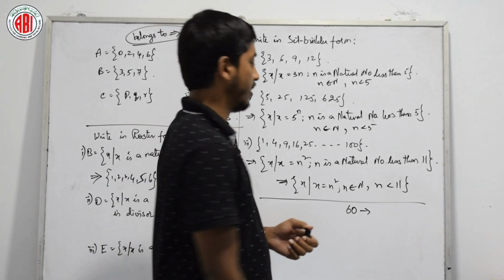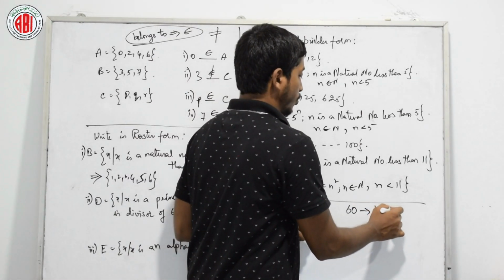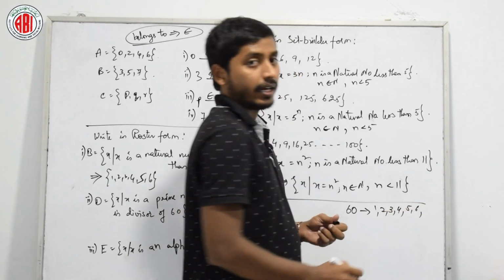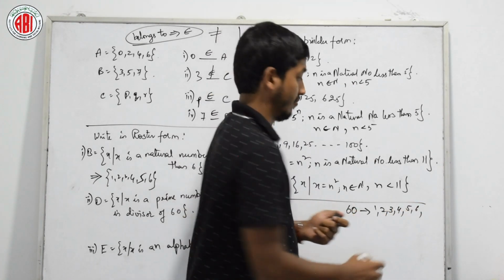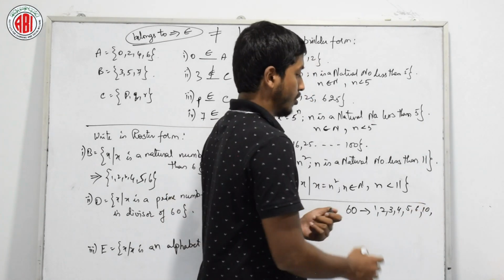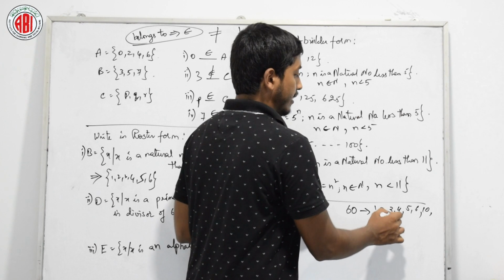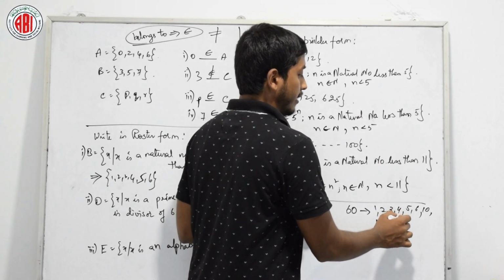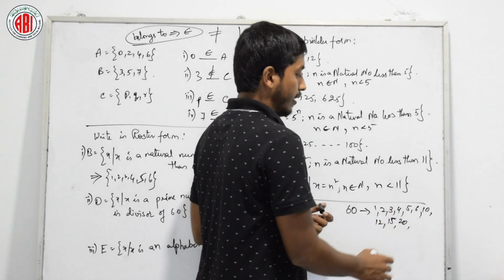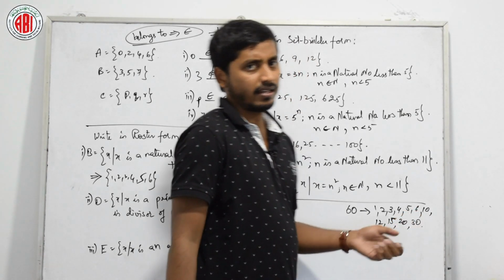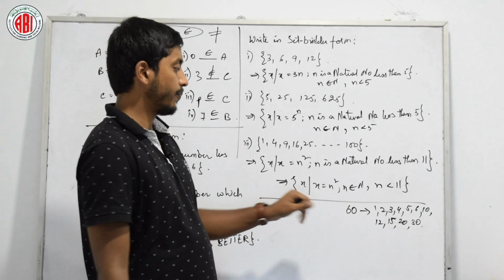What are the factors of 60? 1, 2, 3, 4, 5, 6, 10, 12, 15, 20, 30, 60. These are different factors, right?